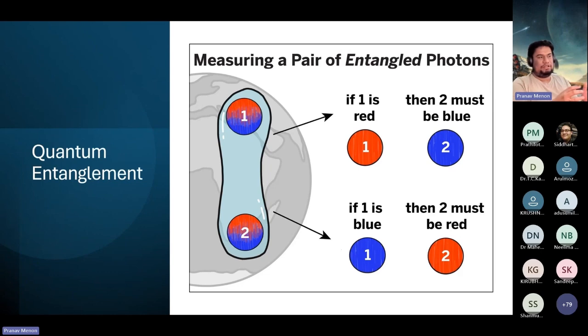So if I'm trying to measure a qubit that's one in this picture which I'm showing you, and if I measure this as one, then two must be blue. Like I said, it affects both, so you cannot have two of the same, because the spin is one.